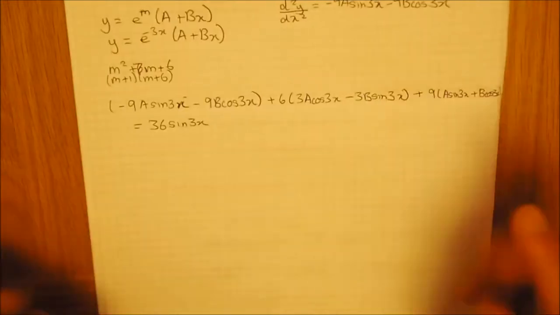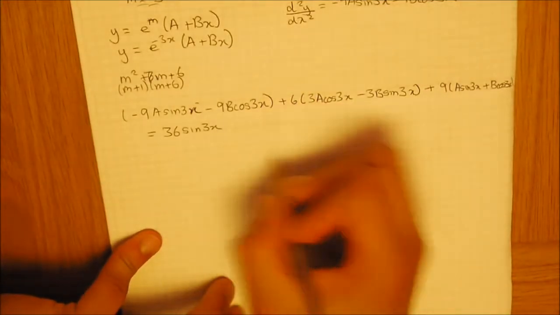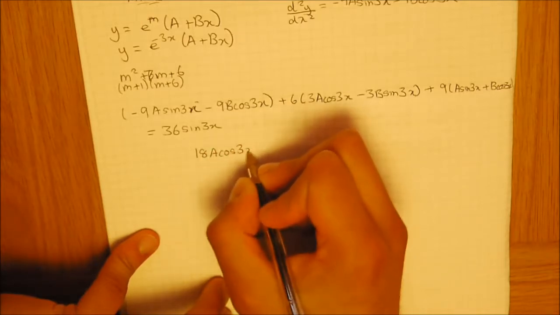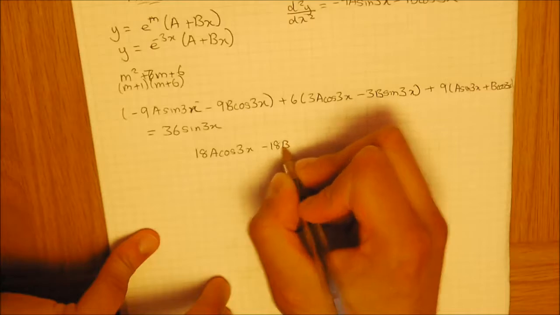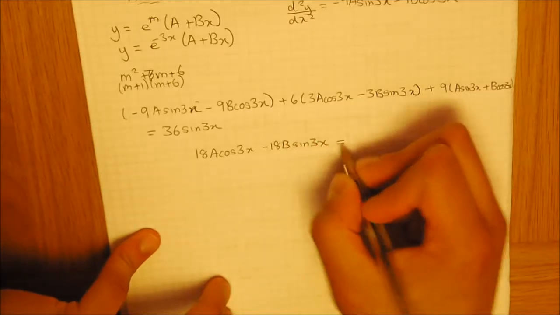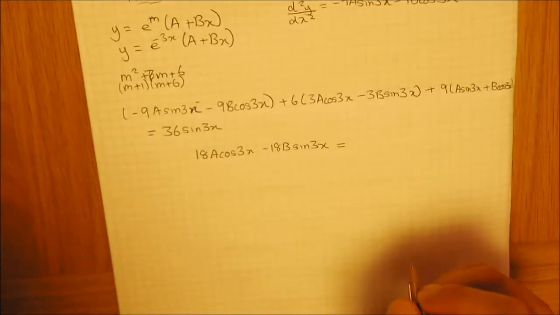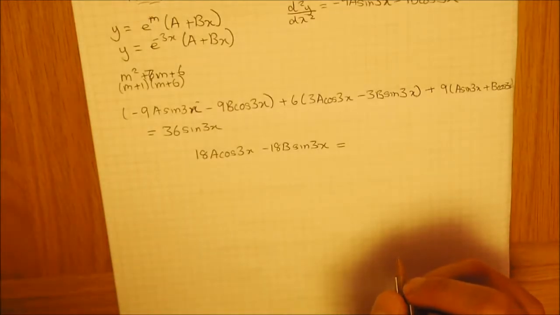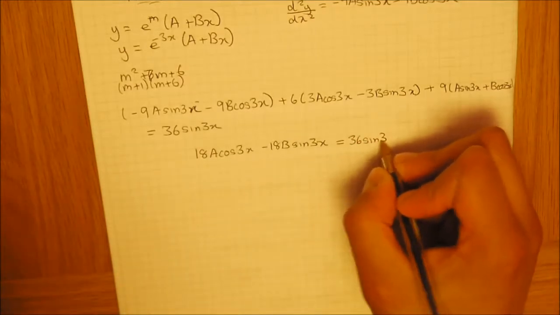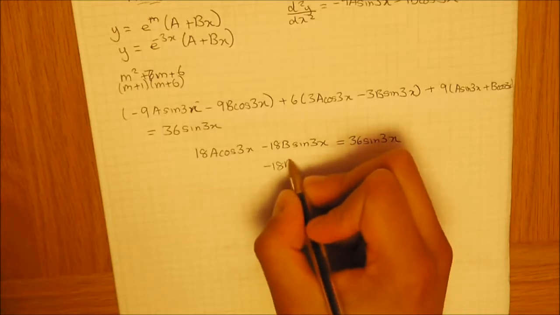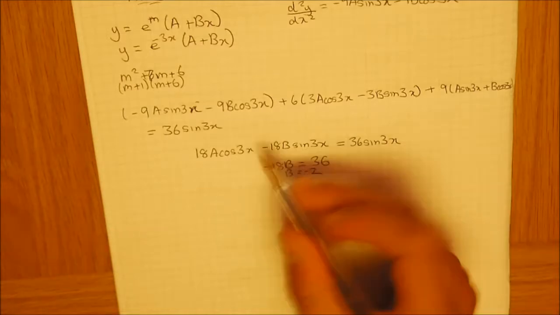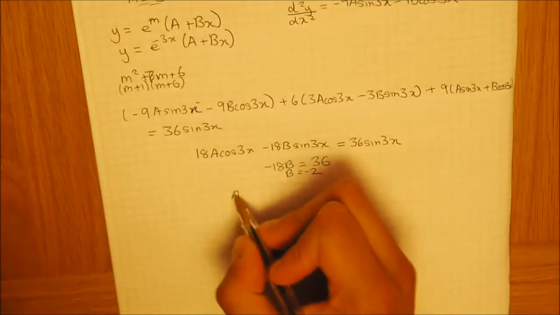So what we're effectively left with is 18a cos 3x minus 18b sine 3x is equal to 36 sine 3x. Therefore, minus 18b is equal to 36, b equals minus 2, and as there are no cosines on one side, we know that a is 0.